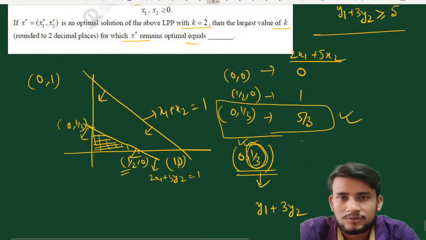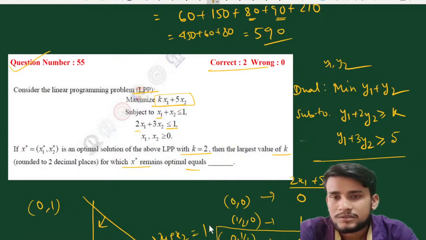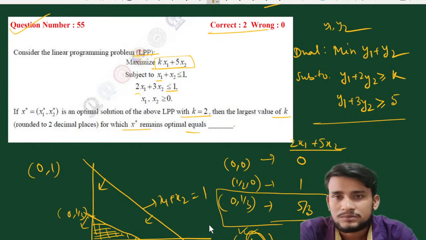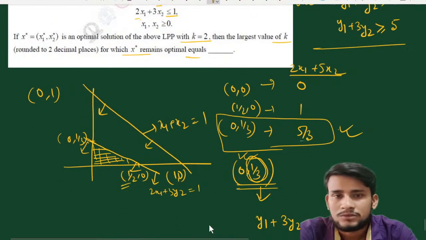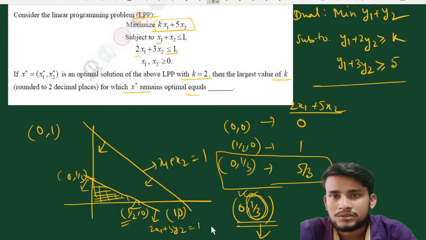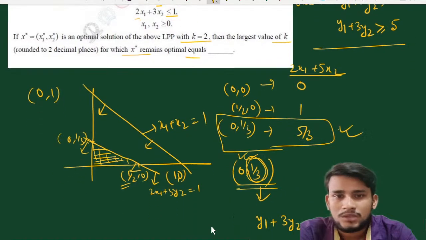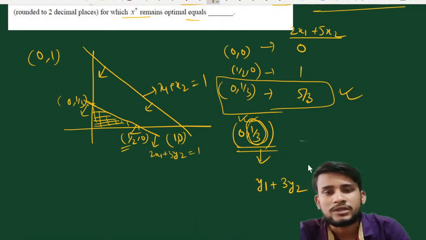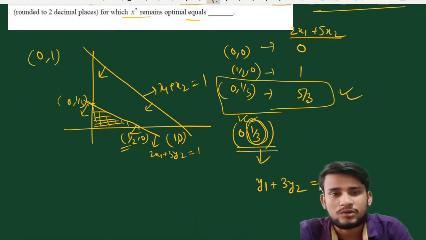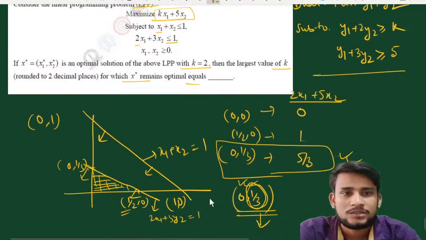I think this is the optimal, right? Yes, you are right. So the constraint y1 plus 3y2 is an equality, equal to 5.